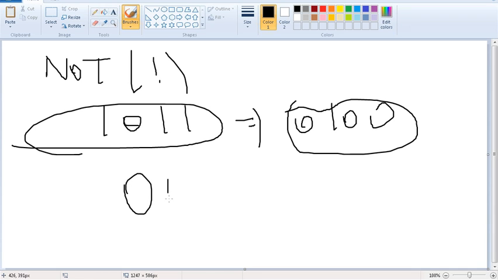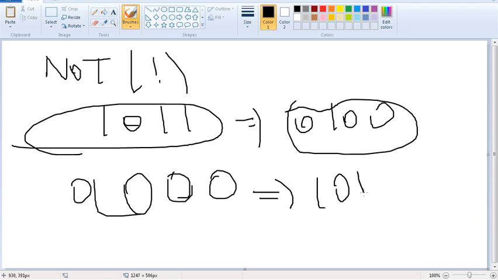In the same way, suppose these are the numbers. So the NOT operation is 1 0 1 1 1. The NOT operation is denoted using this symbol and then there is a circle. This is a NOT operation, right?